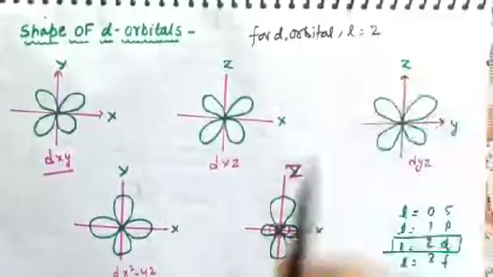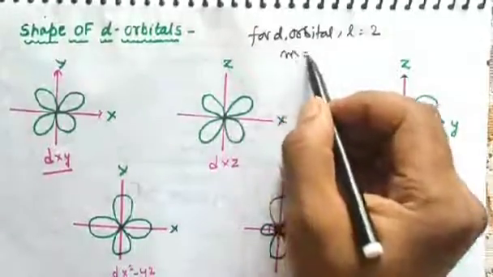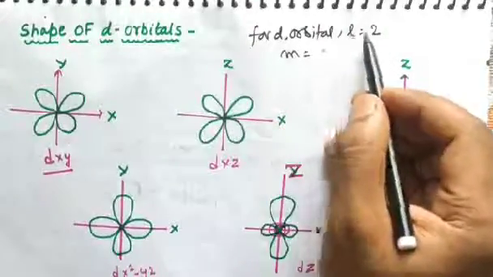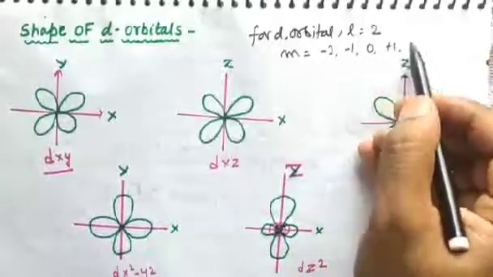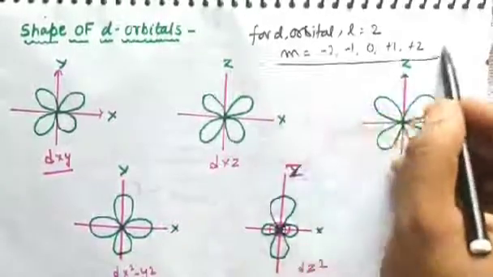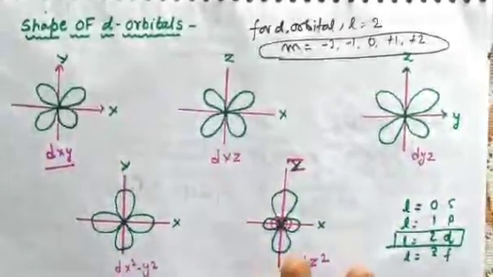If L is equal to 2, the value of m will be minus L to 0 to plus L, so minus 2, minus 1, 0, plus 1 and plus 2. So there are 5 orientations of d orbitals, which will be like this.